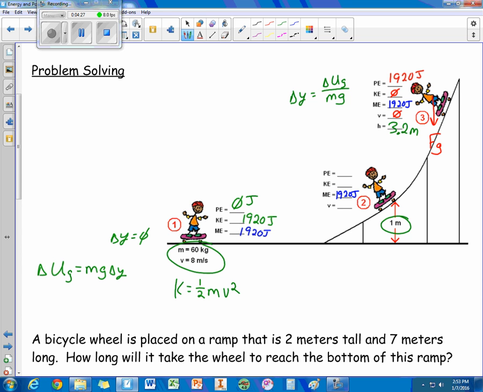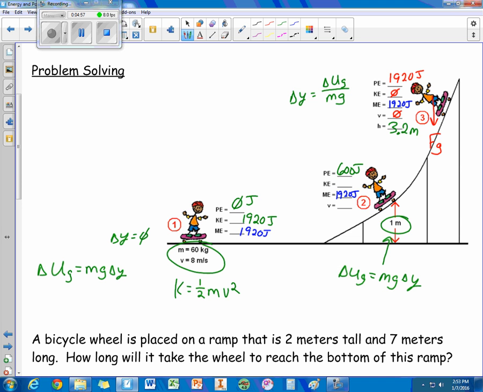All right, now for the middle one, I know the height here is 1, so I can go ahead and calculate that, and I find that I've got 600 joules of potential energy, and that should be pretty easy because it's 60 kilograms times 10 times 1.